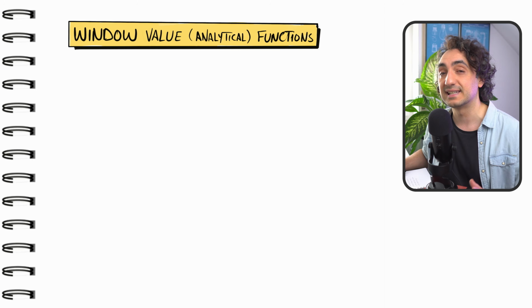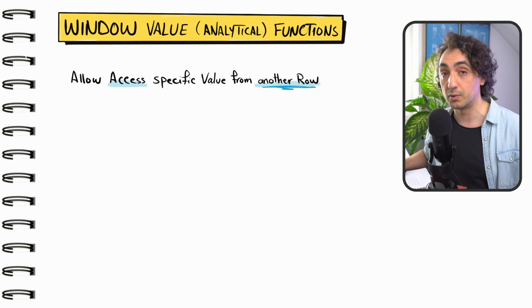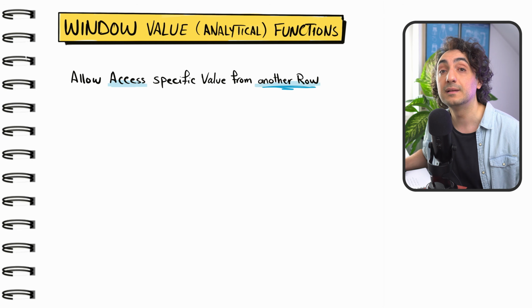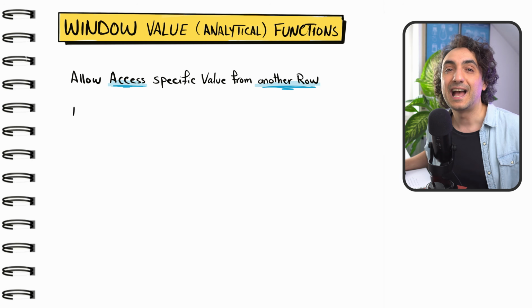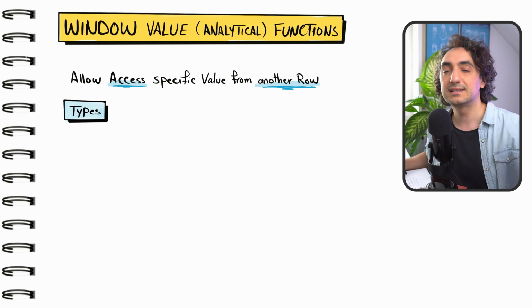Alright friends, so now let's do a quick recap about the value functions, or we sometimes call them analytical functions. They allow you to access a specific value from another row. This helps you do complex calculations with very simple SQL without joining tables together or doing self-joins. For the value functions, we have four functions.